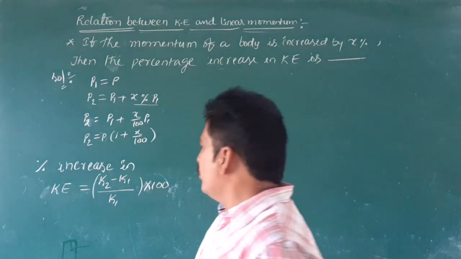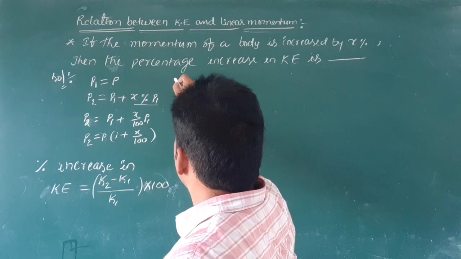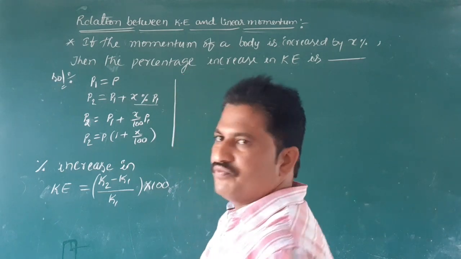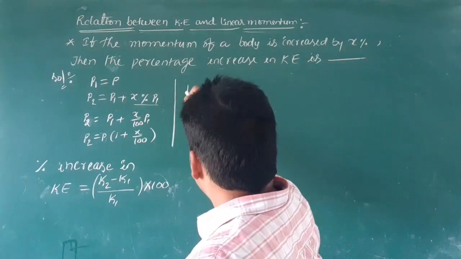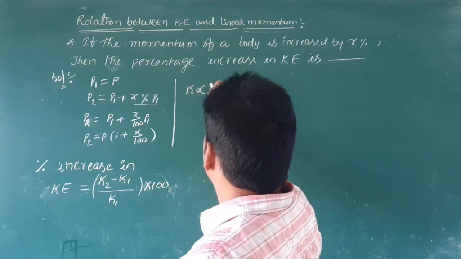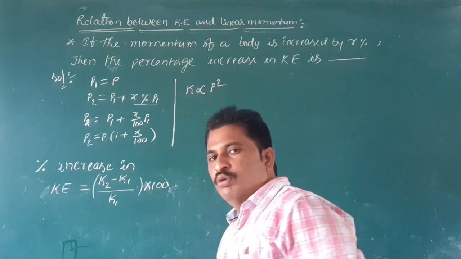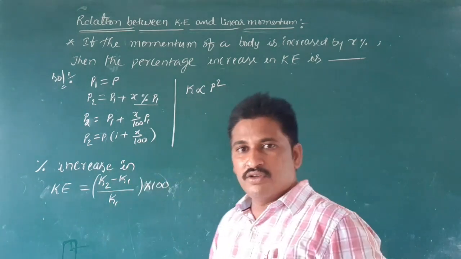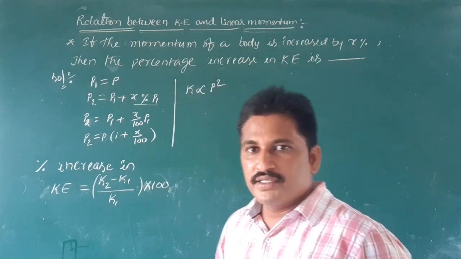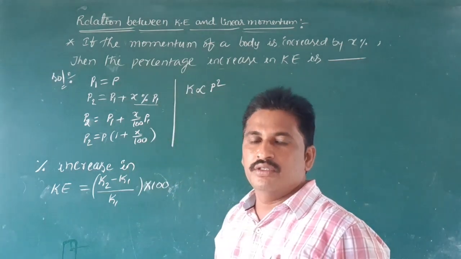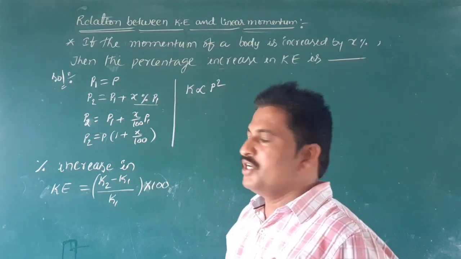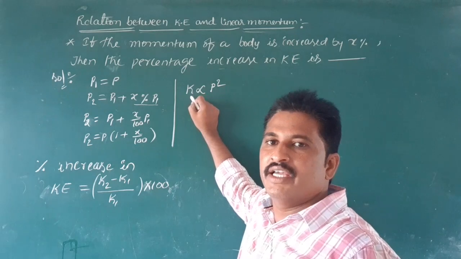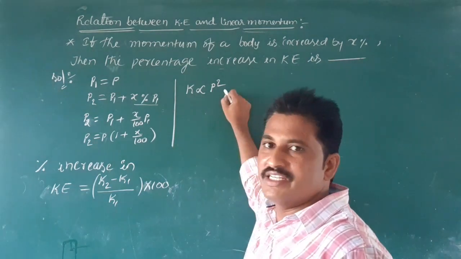Before going to it, we must know one relation: kinetic energy is directly proportional to the square of the momentum when mass is constant. Here also mass is constant, students, because it is the same body. At that time we can use the relation K is directly proportional to the square of the linear momentum.